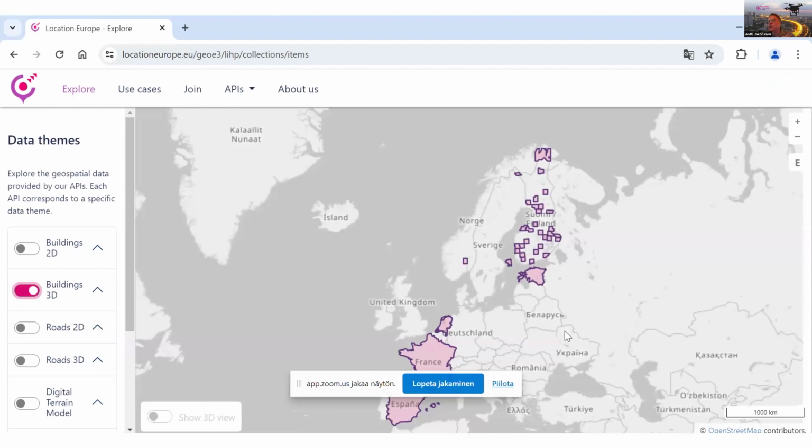Then I have a few slides on what we can show today. So an example here is the buildings 3D, and I think that's one of the complicated examples related to, let's say, digital twins, how you can actually connect this kind of 3D building data from different countries, and this map shows the availability from various countries that we can provide today.